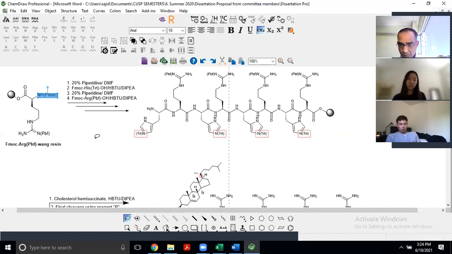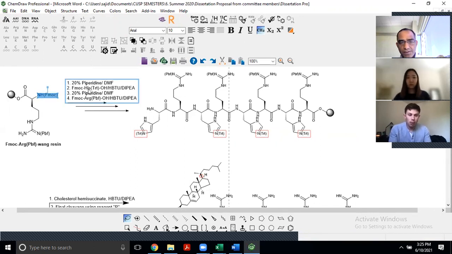Got it? So the first is 20% piperidine in DMF. What is the purpose of 20% piperidine in DMF? To deprotect FMOC. It will remove FMOC. And once it removes FMOC, what will we have? Free amine.